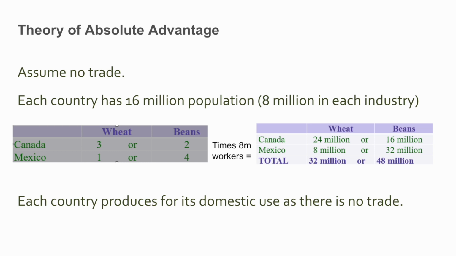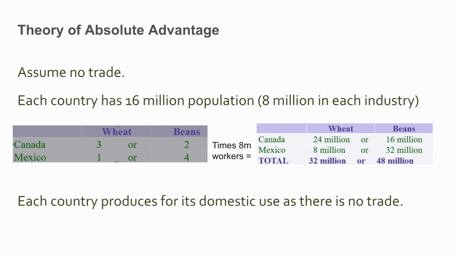But if we add them together, like we think about the total production of Canada and Mexico combined, with no trade, there's 32 million wheat being produced and 48 million beans being produced. Okay, so each country produces for its own market in this particular scenario. And you think, okay, well, we got lots. Yeah, that's good. But can we be more efficient?